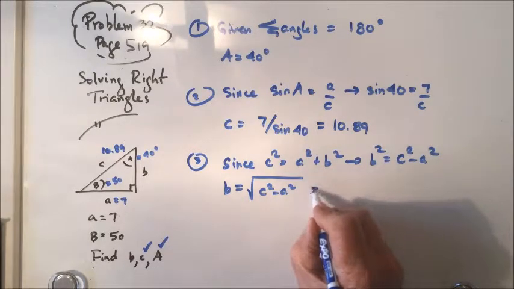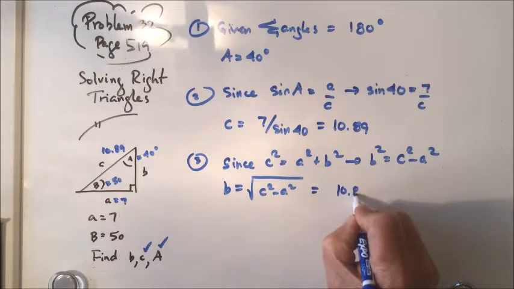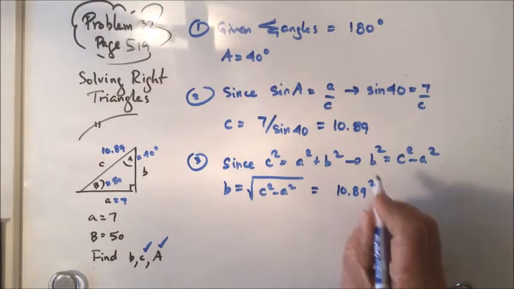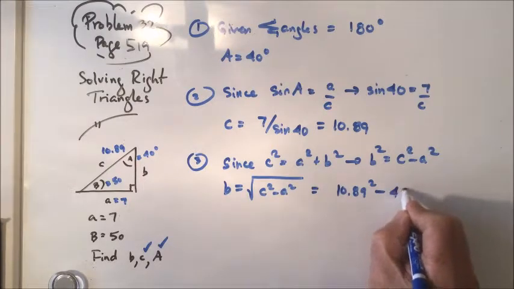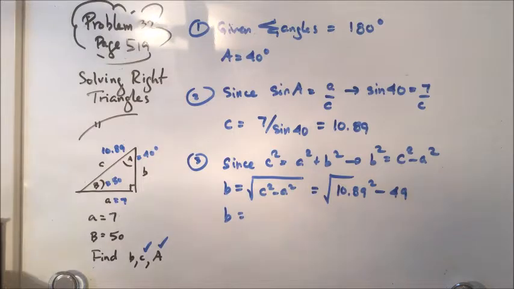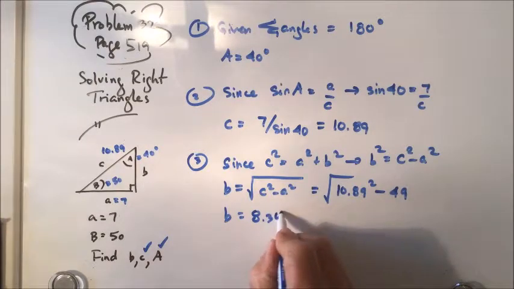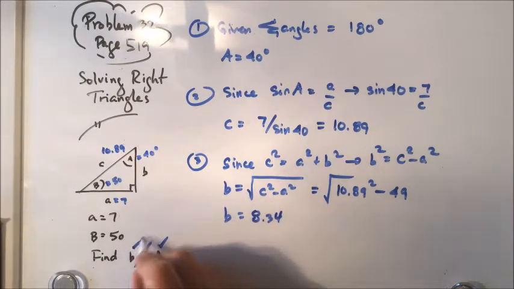I do. c squared is 10.89 quantity squared, minus a squared, which is 7 squared, 49. So b works out to be, there is 10.89 squared, here is 49, subtract, there's a square root. b turns out to be 8.34. So there you go.